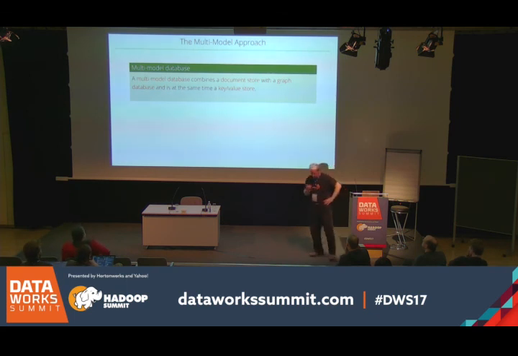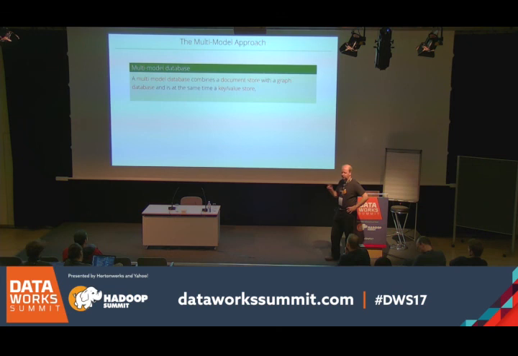Because as it turns out, graph databases are nice, and if you have a purely graph problem, then they are the right tool, the right hammer for the nail you have. But it turns out that quite often another tool in your box is even more versatile, namely a so-called multi-modal database.